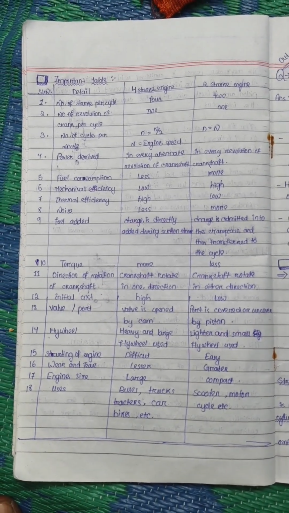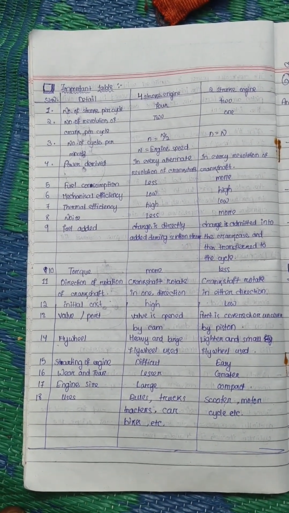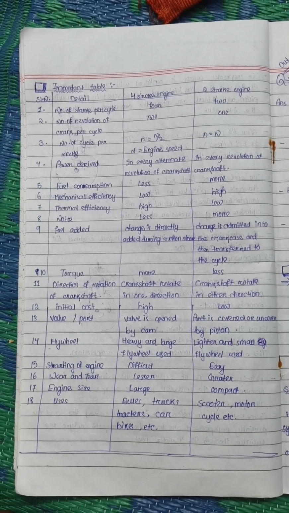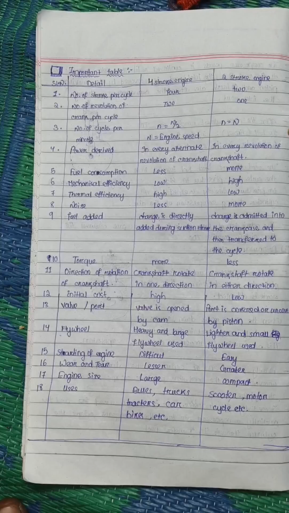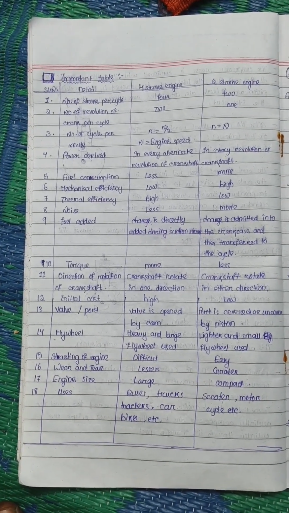Starting of a four-stroke engine is a little difficult as compared to a two-stroke engine. Wear and tear in a four-stroke engine is less, and in a two-stroke engine it has more problems.